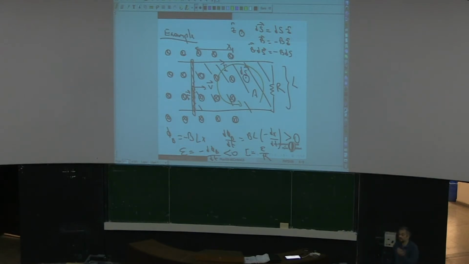If the rod is making an accelerated motion, then the current will be changing. If it's moving faster, there will be a much larger current. If it is moving slower, there will be a smaller current. Just put the time dependence over here, then you will get the time dependence of the current.